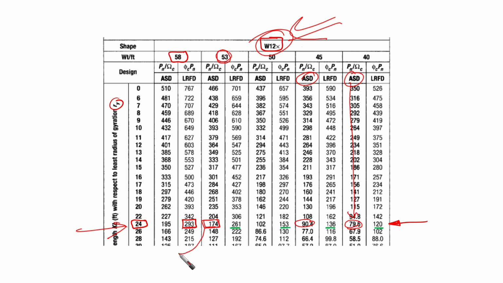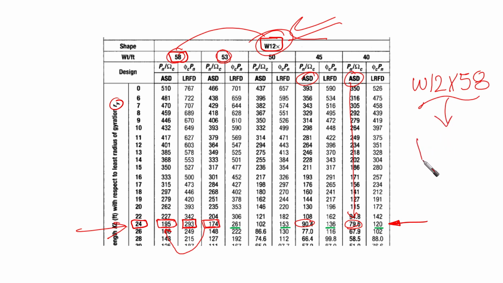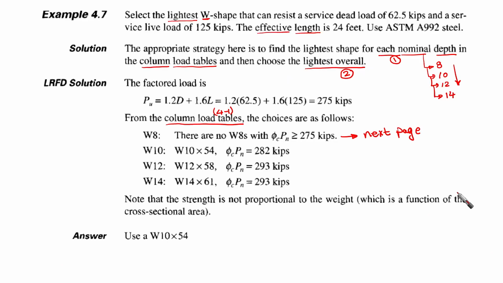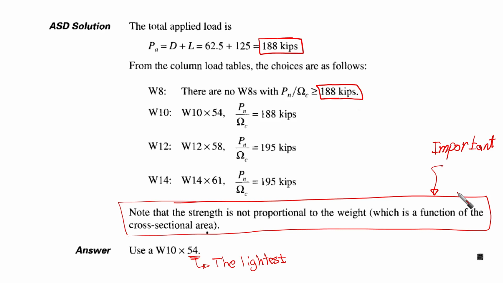The next one provides us 195, which is 58 also. So this means that W12 by 58 provides for us available strengths of 195.